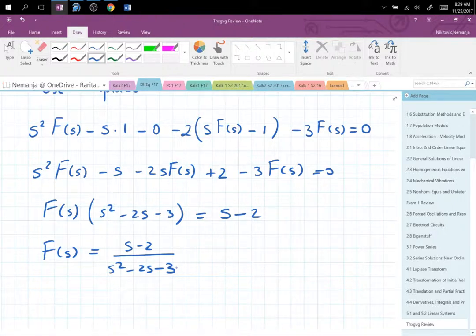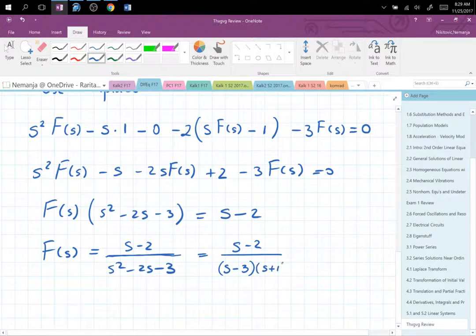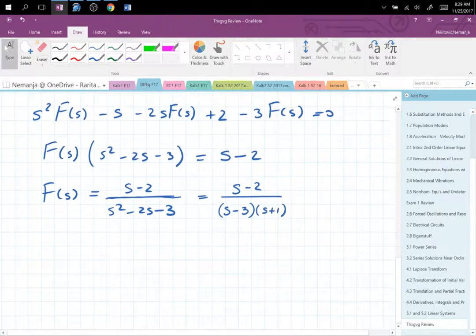We want to transform this back into the time domain by using the inverse Laplace transform. Now, we see that we can factor the denominator into s minus 3 times s plus 1 and use partial fraction decomposition to break this apart.